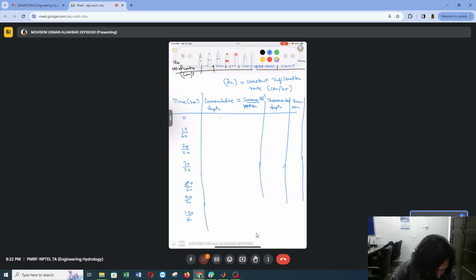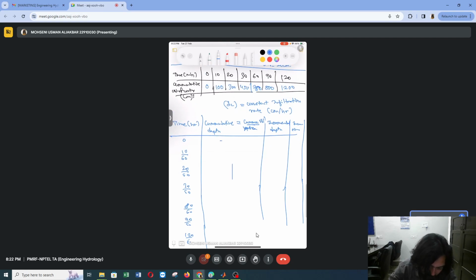The first value is obviously 0, because cumulative volume of water was 0. For the second, cumulative volume of water is 100, so let us divide it by area. Area is pi by 4 of 20 square. This will give us the cumulative depth.